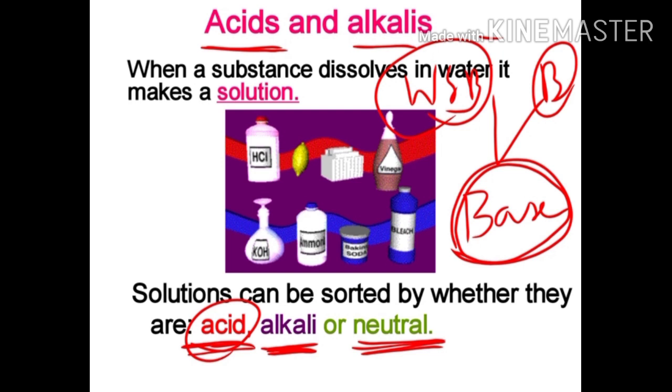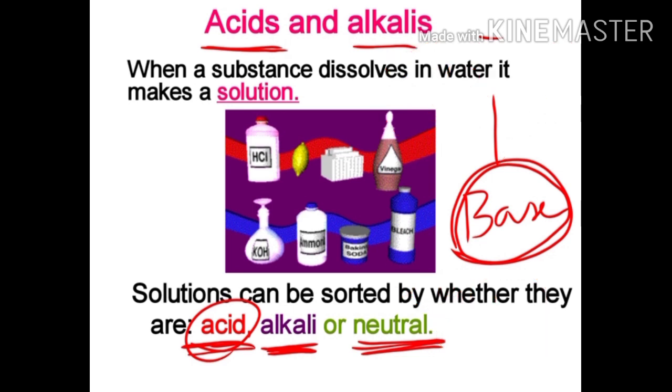Water soluble bases are those bases which dissolve in water, and such bases are called alkali. A very good example is potassium hydroxide, that is KOH, and NaOH are wonderful examples for the same. I think it is clear.